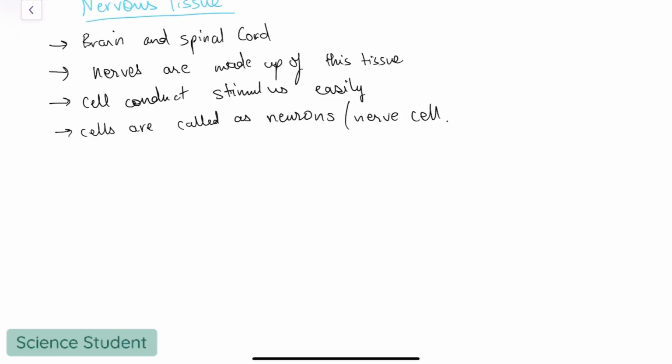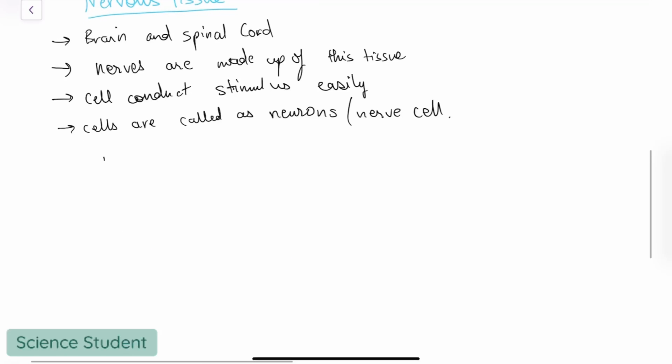Now we'll learn the structure of cell. It consists of a cell body or the cyton and these branched substances. So the structure of cell is something like this.